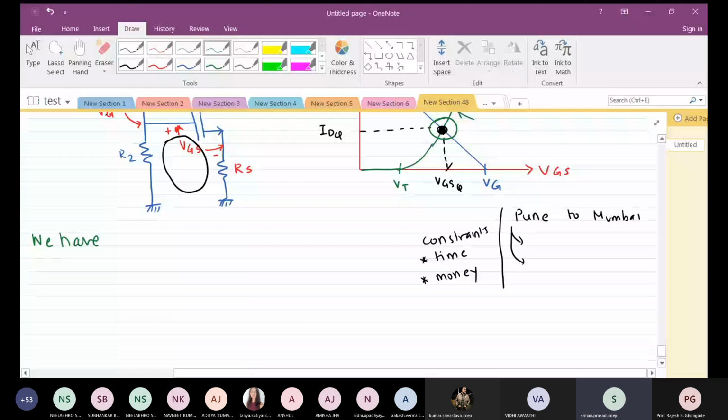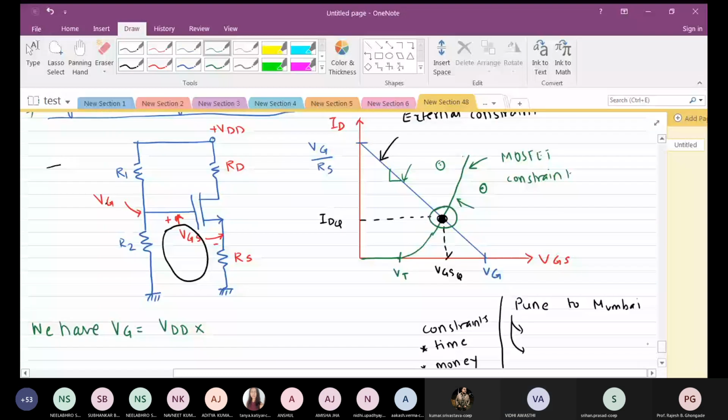VG equal to VDD into what? How do we find out VG? How do we find out the value of this voltage? You have VDD, you have R1, you have R2. It should be a piece of cake for all of you.